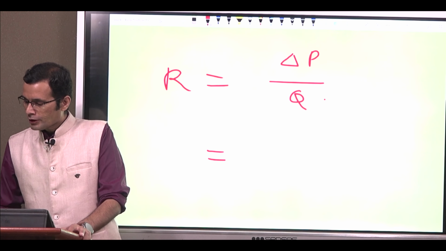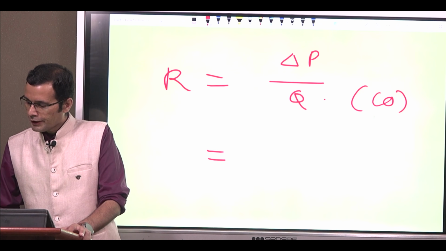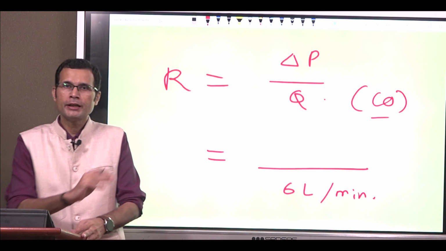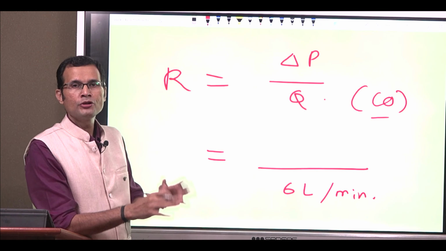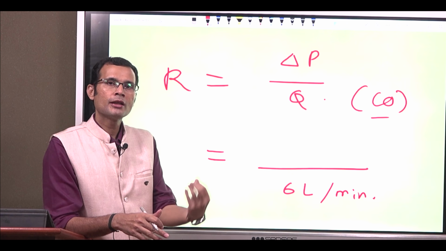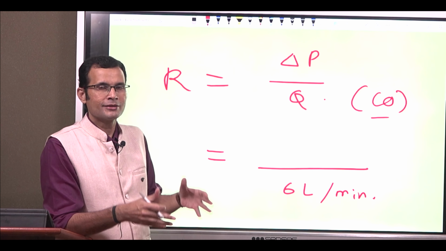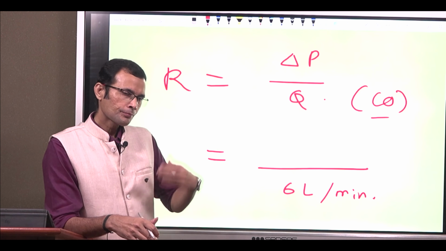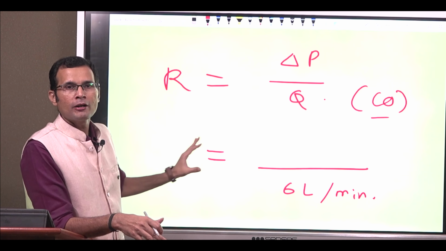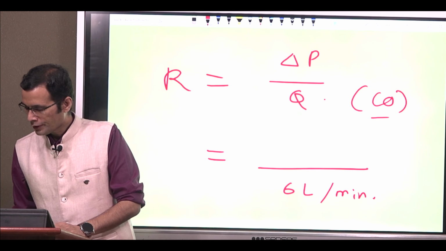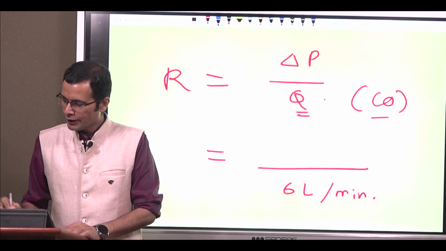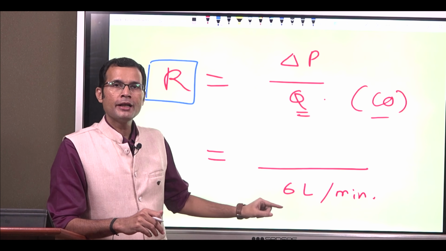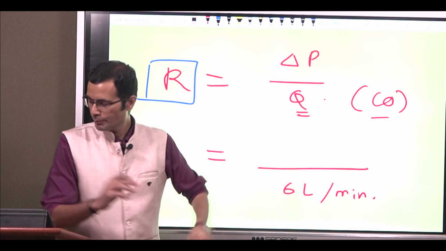Let's say cardiac output is about 6 liters per minute. So this amount of blood is going through the lungs every minute, because that's the cardiac output. That's the blood flow, Q, the denominator, as we are calculating the resistance by Ohm's law. Now coming to the numerator, delta P, P1 minus P2.